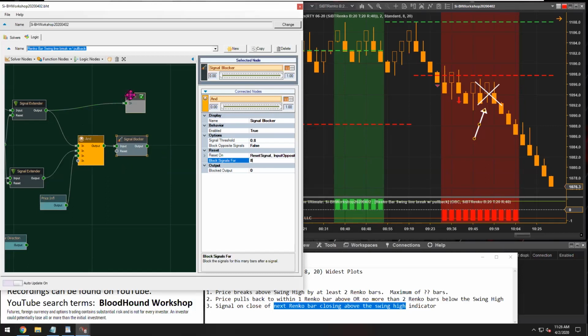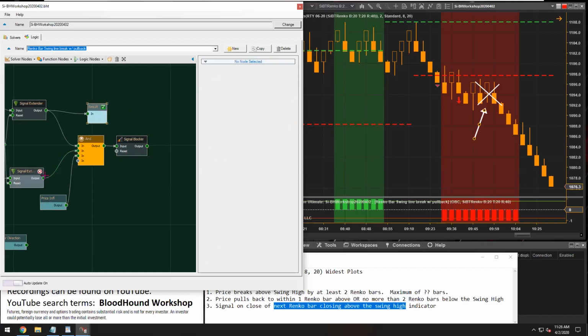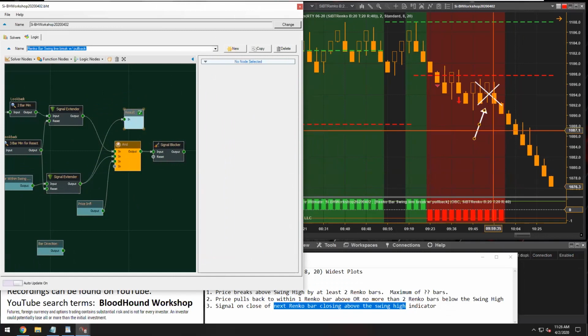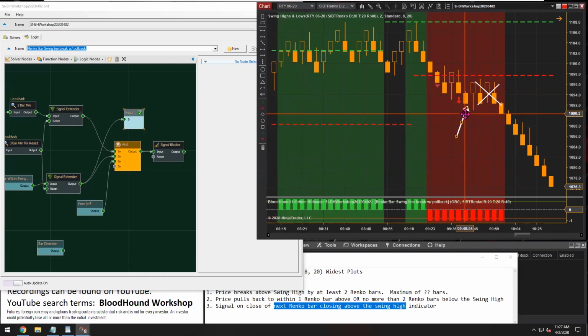So that's one of them, and let's take a look at the other signal extender. And that's a bar less here. So let's see, 1, 2, 3, 4, 5, 6. I'm starting on the first bar after the signal bar is where I'm starting my counting. So 1, 2, 3, 4, 5, 6.